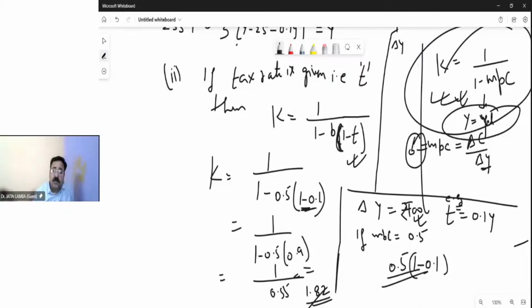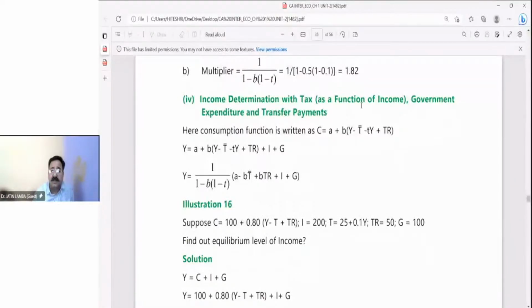Now go to the fourth case. What is the fourth case? Here transfer is also given. In the fourth case, determination when tax is a function of the income, government expenditure and transfer. Everything is given in this.